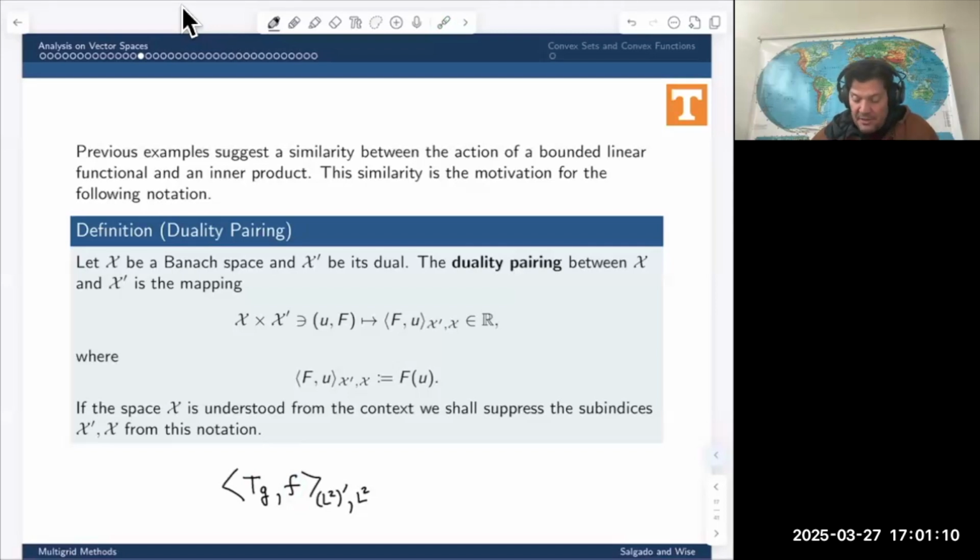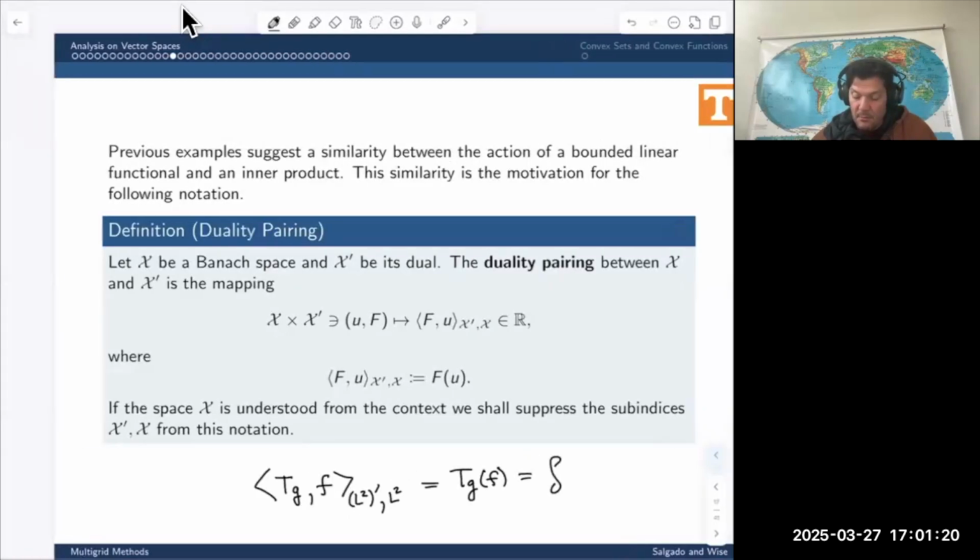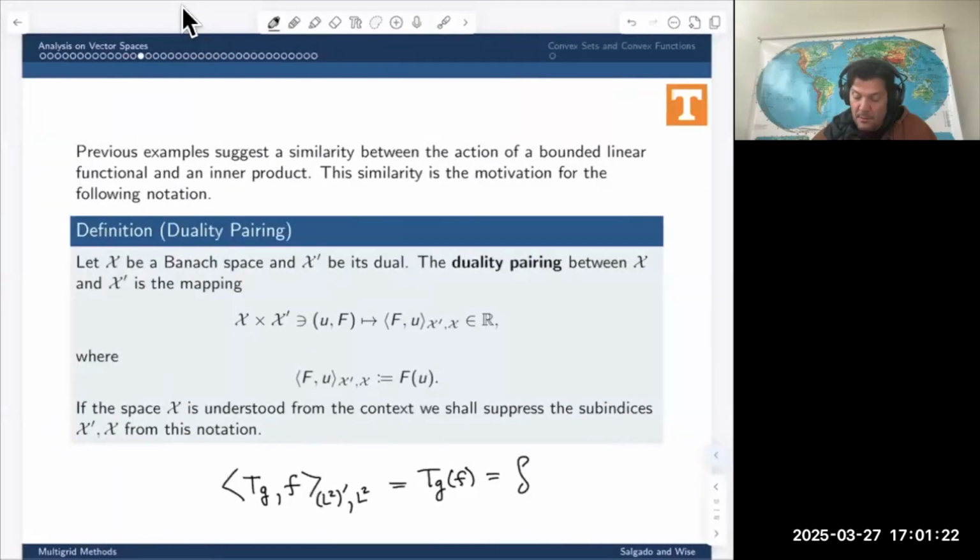Now, how is this defined? This is just defined as TG of F, which is going to be the inner product, and let's write it in the simplified form: this is just the inner product of G and F in L2.